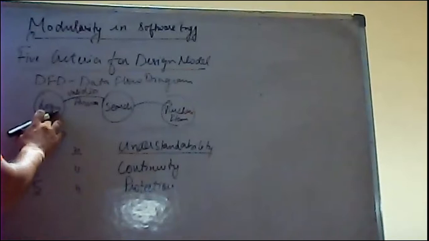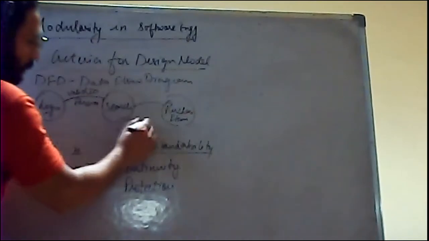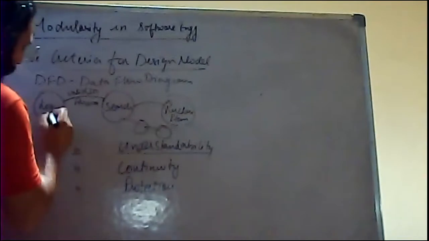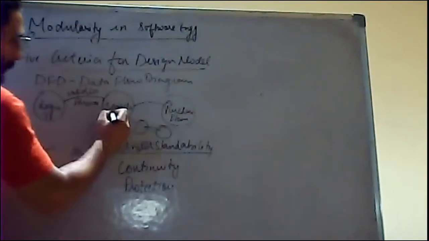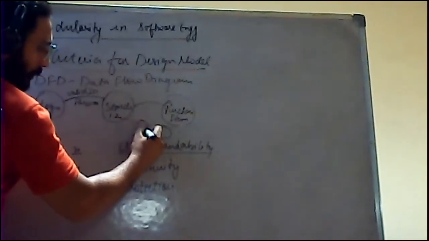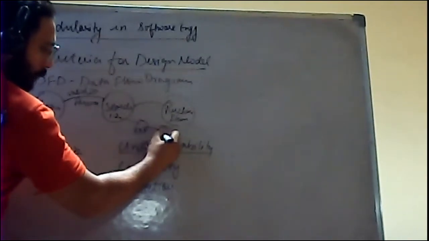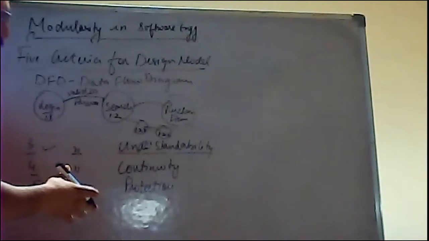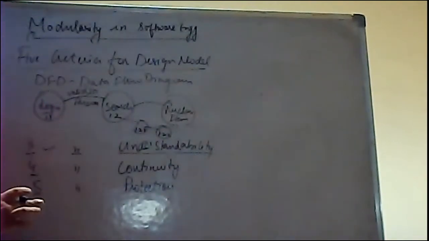And in a single process, there are further sub processes. Like if this is your 1.1, this is your 1.2, it will be your 1.2.1, 1.2.2, and further indexing should be mentioned. This is how modular understandability should be.